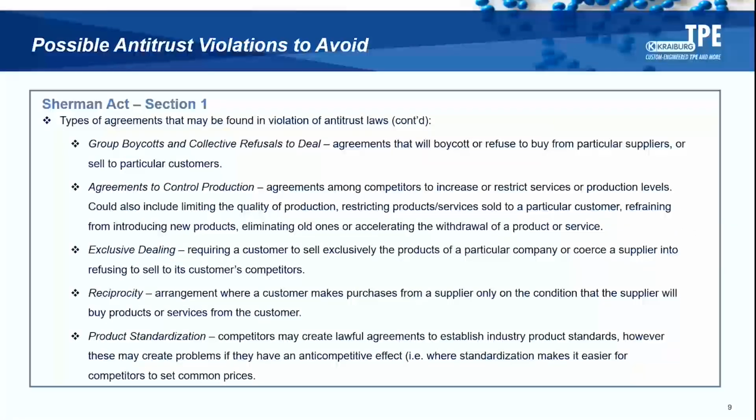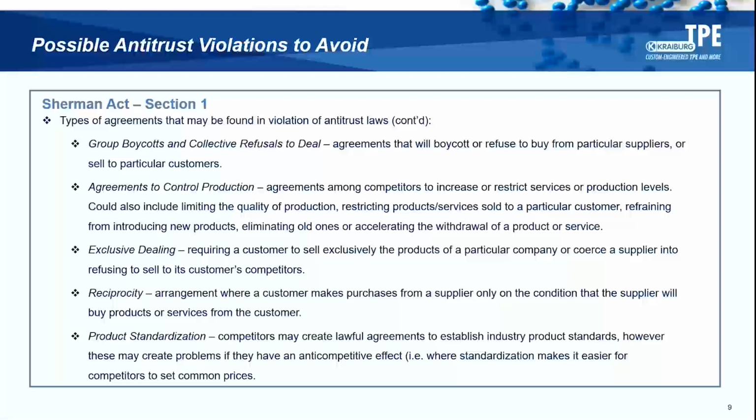Also within the Sherman Act, continuing with the types of agreements that may be found in violation of antitrust laws, group boycotts or collective refusals to deal. These are agreements that will boycott or refuse to buy from particular suppliers or sell to particular customers. Agreements to control production.